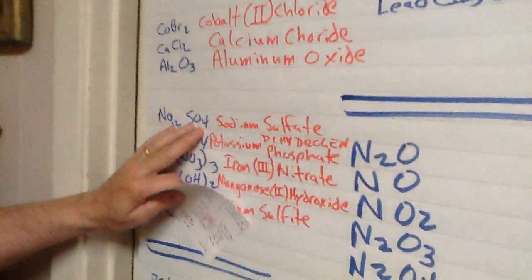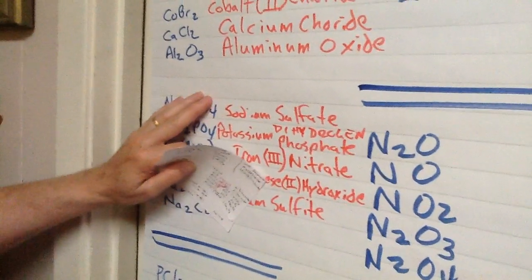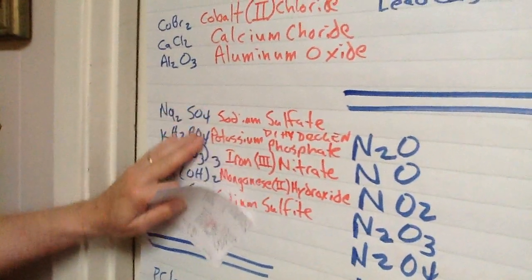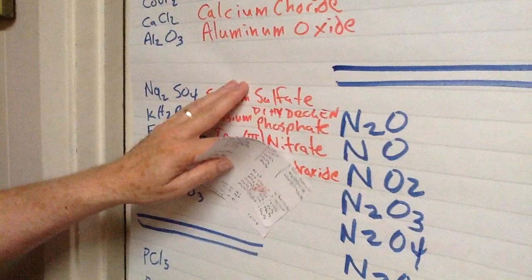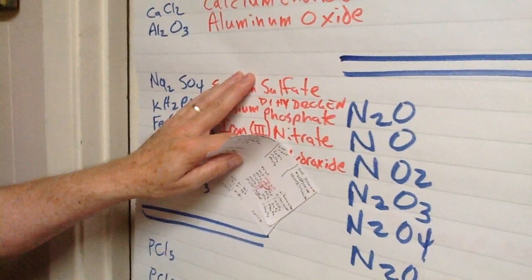It would be called sodium hyposulfite. What if I had SO5? There's no such thing that I know of, but if I had an extra oxygen, we would add the word per, as in hydrogen peroxide has an extra oxygen.